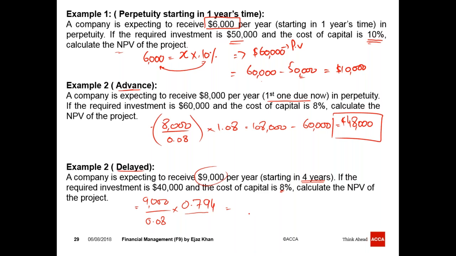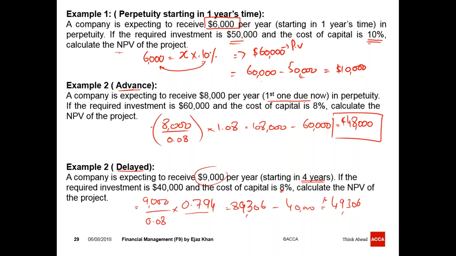So what's the answer? 89,306, and the initial investment is 40,000. So the net present value will be 49,306. It's 89,235.